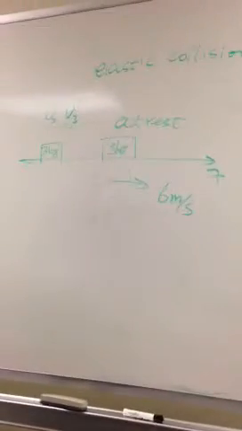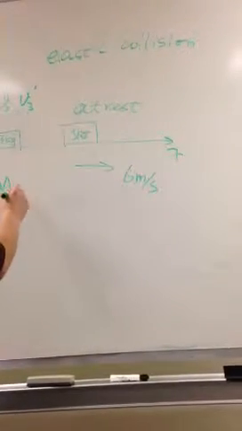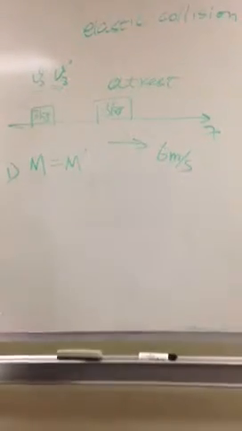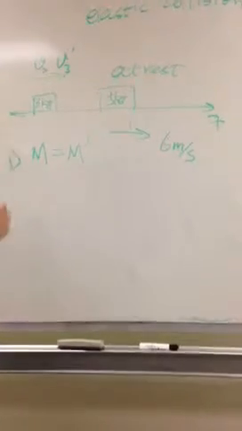So what we can use is, one, the conservation of momentum, right? The momentum at the beginning is equal to the momentum at the end. That's the first law we can use.